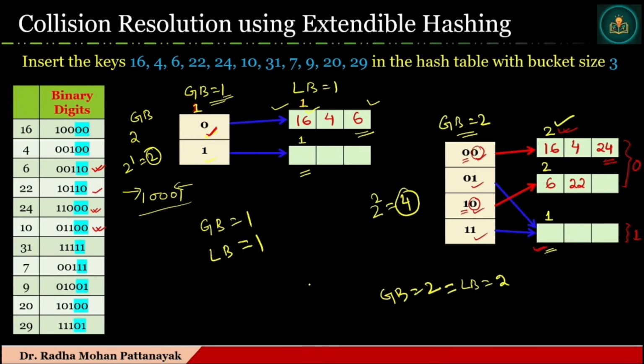If you split the global bucket, the size of the global bucket will become 3. So if the size of the global bucket is 3, then 2 to the power 3 will give you 8. Means in the global bucket, you need to store 8 entries with each entry of size 3 digits. Now we will split that global bucket and the first local bucket to solve the collision.